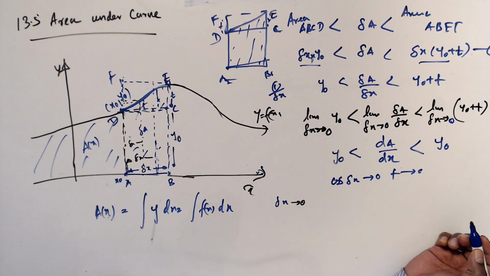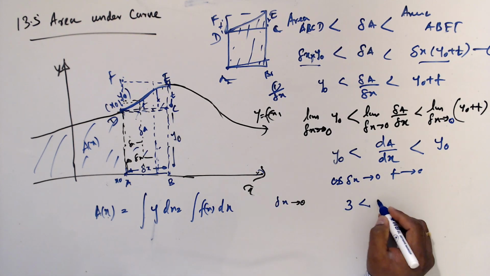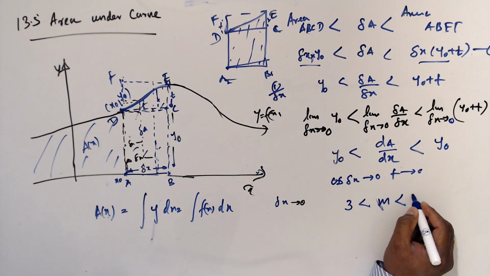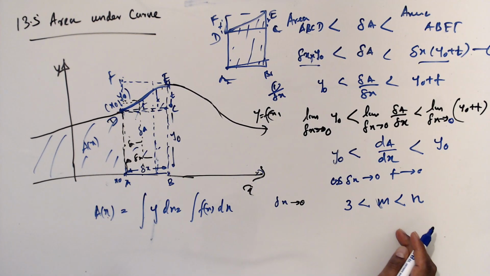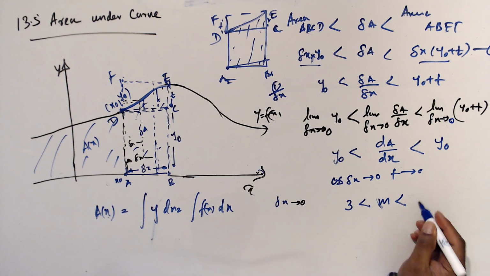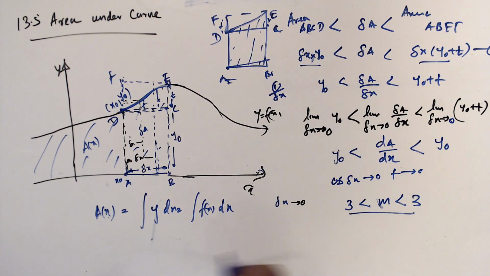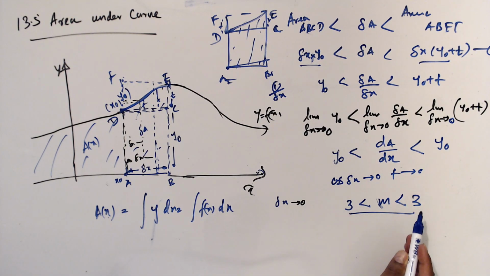Now what is the conclusion? If we have something like 3 less than m, and m less than 3, what is the conclusion? m has to be greater than 3, and also m has to be less than 3.